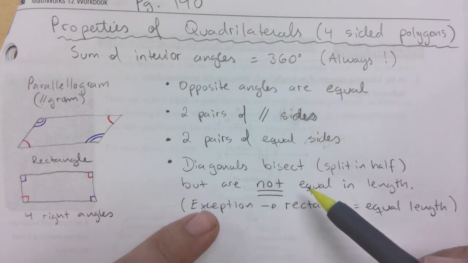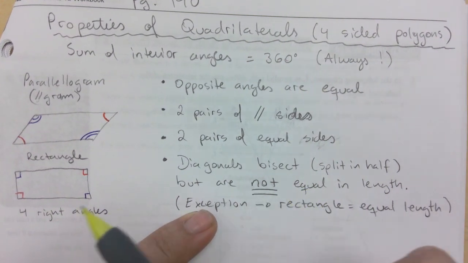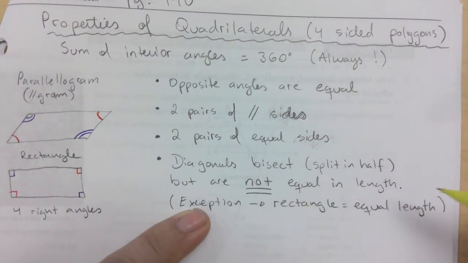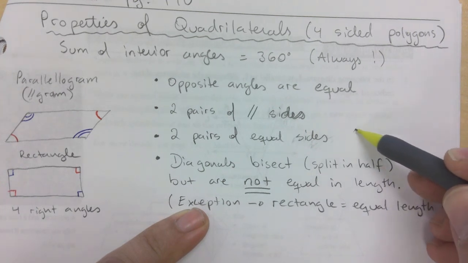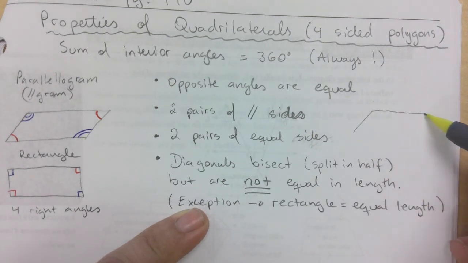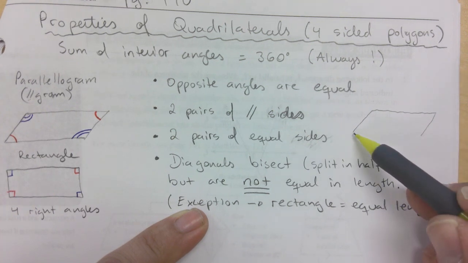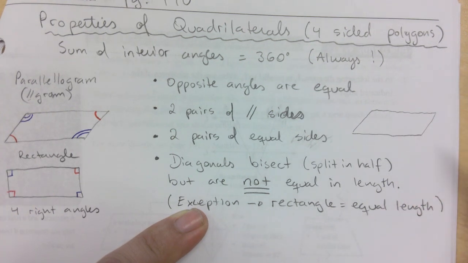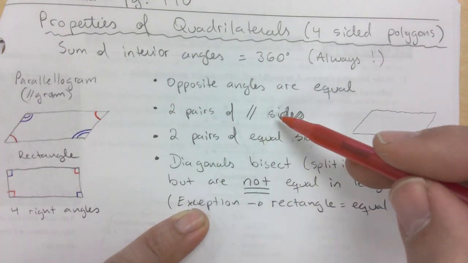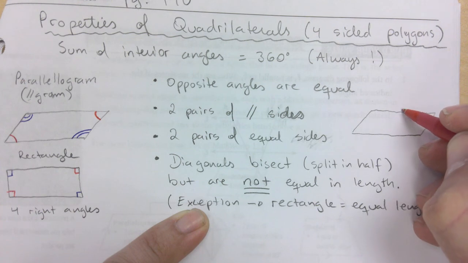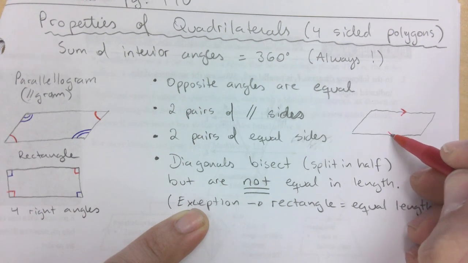This diagonal part here, I'm going to clarify. I don't want to make this diagram too messy, so let's make a quick parallelogram here. First of all, two pairs of parallel sides. What does that mean? This side right here is going to be parallel to this side right here.